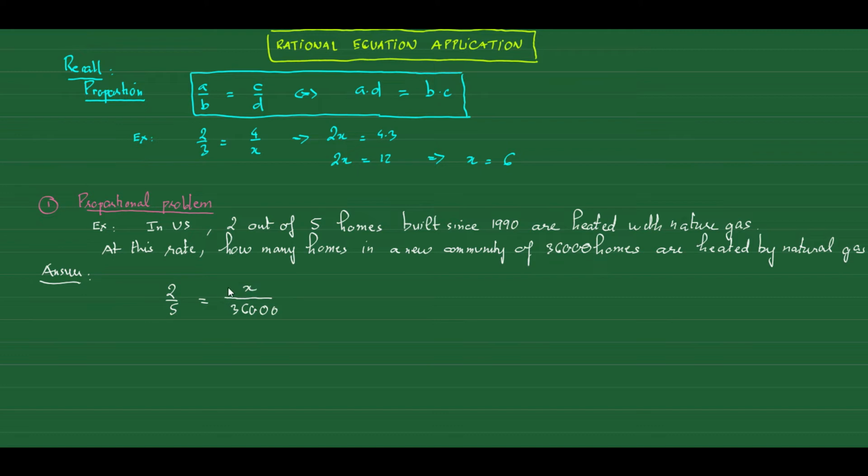So I'm going to call it X. So you see that if I say this is a rational equation, it's not quite correct, because the variable X must be in the denominator, right? But for this problem, we can use the cross multiply property to solve for X.